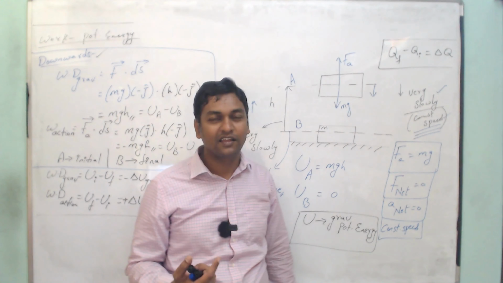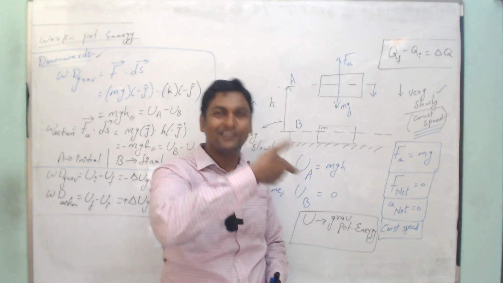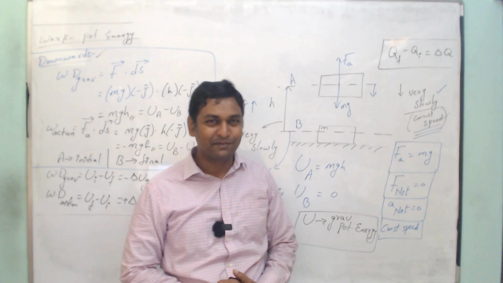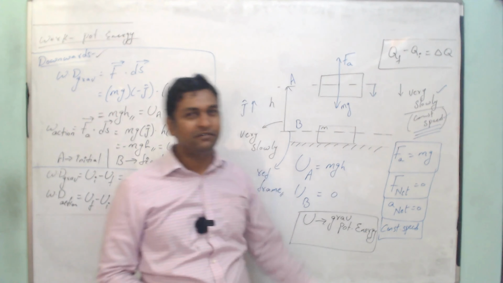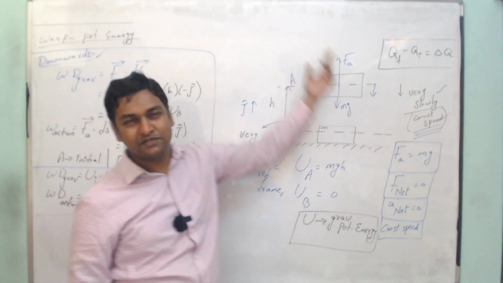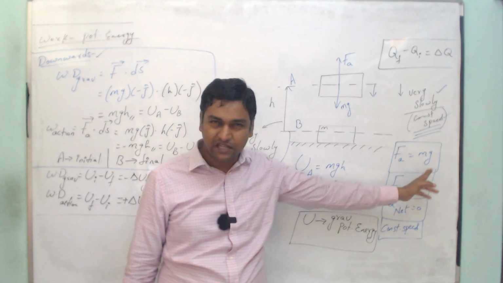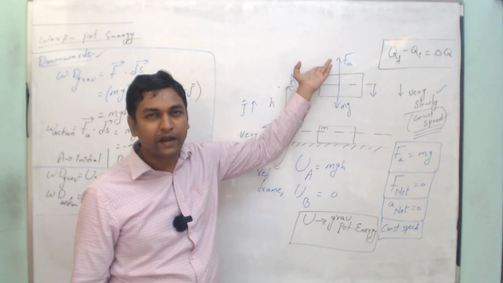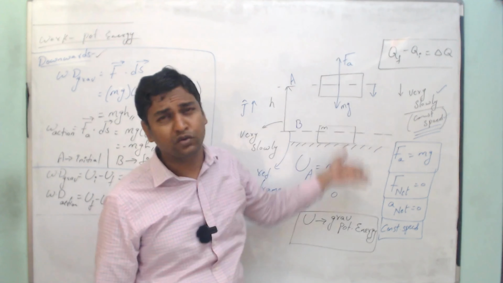We are not turning mg around; we are rotating ourselves 180 degrees. In that story, I will still have FA downward and mg upward, but FA is equal to mg. Suppose this is 10 Newton, that is also 10 Newton.